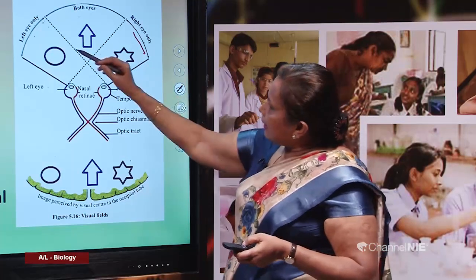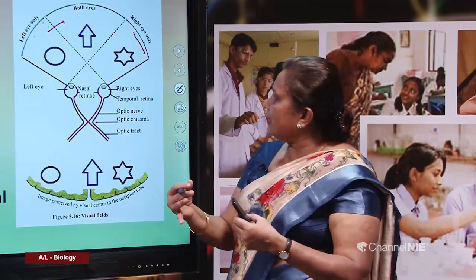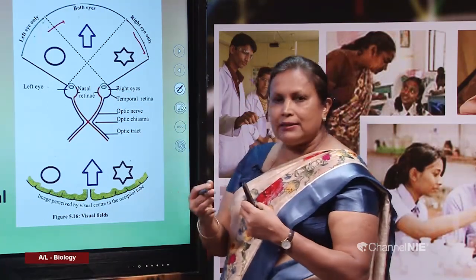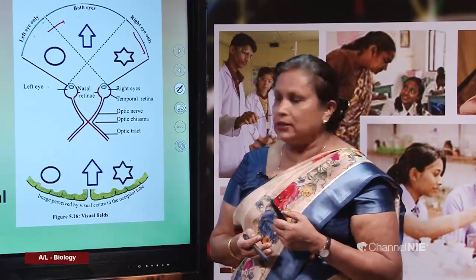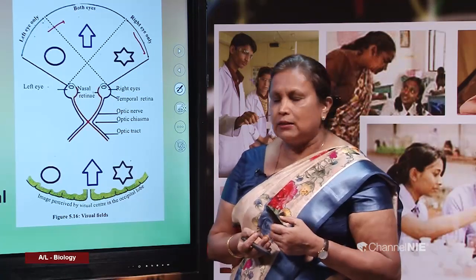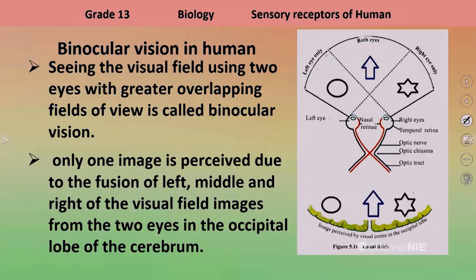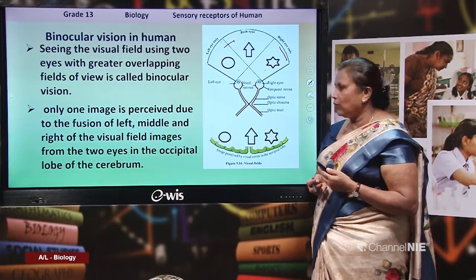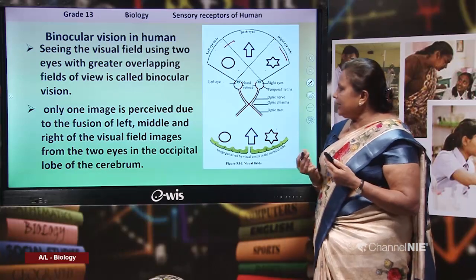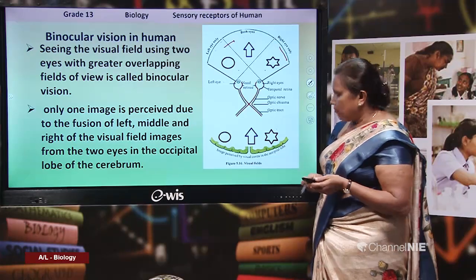But at the same time, the left eye and the right eye have a certain area in the middle they can see using both eyes. This is very important for a person to get 3D vision. All these three images are sent to the occipital lobe of the cerebrum to identify the object. So it is identified as a 3D structure. Depth also can be seen in this particular vision.